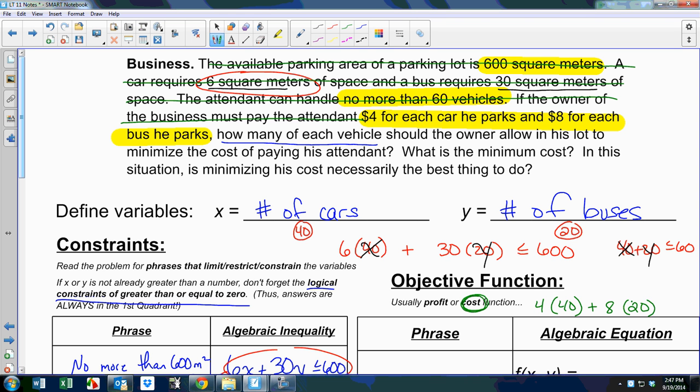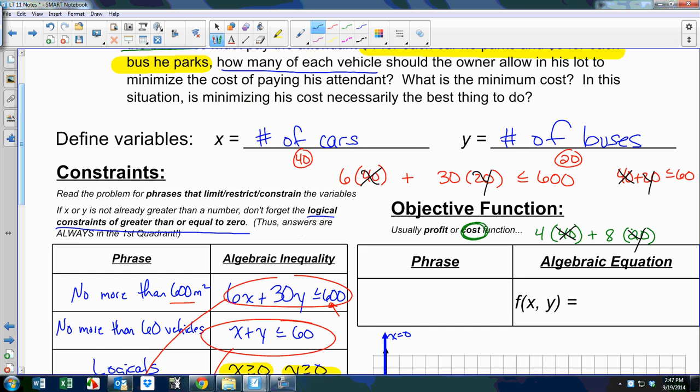Add that up, and this business would have to pay 4 times 40, 160, plus 160, $320. But that's not the point. The point is 40 represents x, 20 represents y, so our cost function is 4x plus 8y.